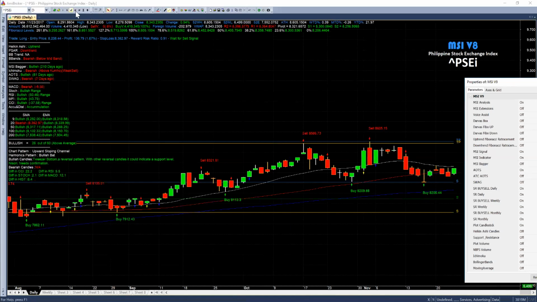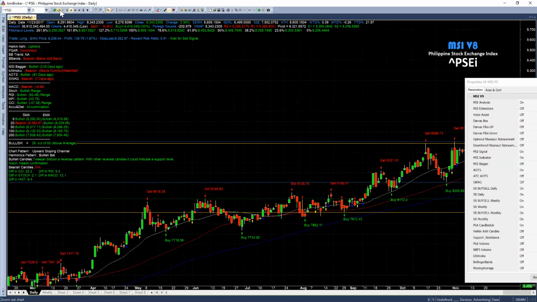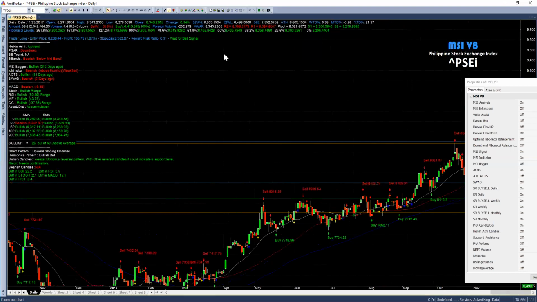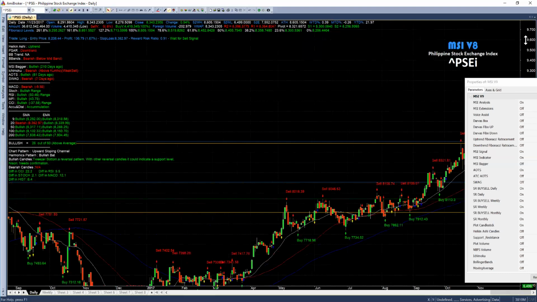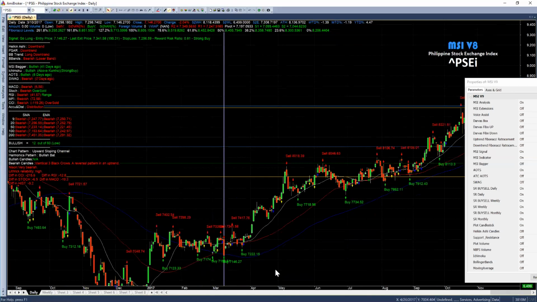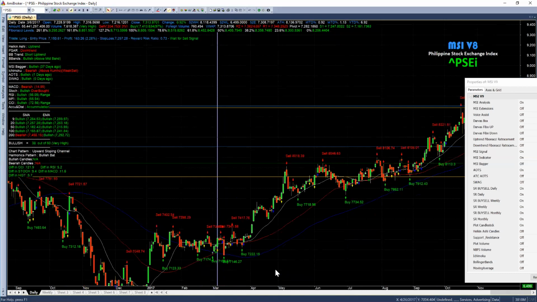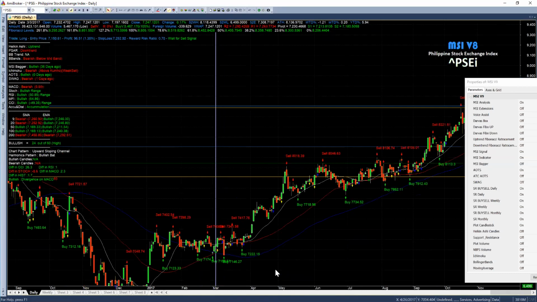In addition to that, magkakaroon din siya ng buy alert in case malapit na mag-cross yung ating alignment of the stars. So nakita nyo dito, ito yung first day na nag-cross yung alignment of the stars niya.